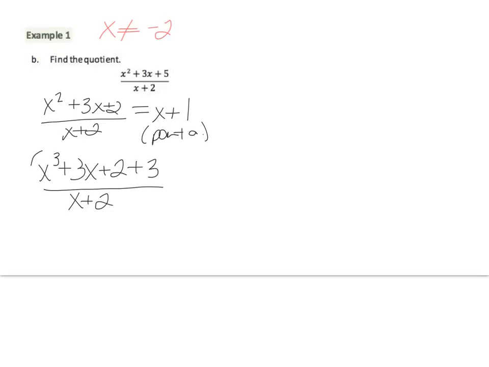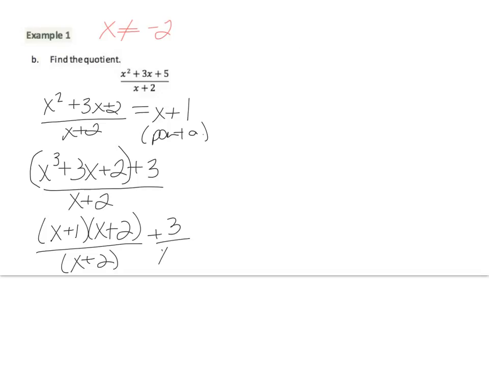So I'm just rewriting it. Sort of magic. We already know that this is x plus 1 times x plus 2. Cool.